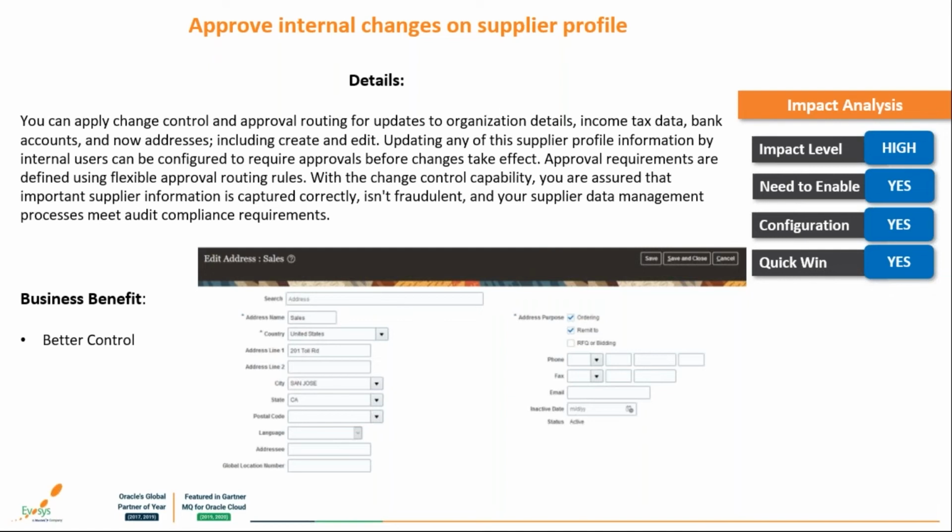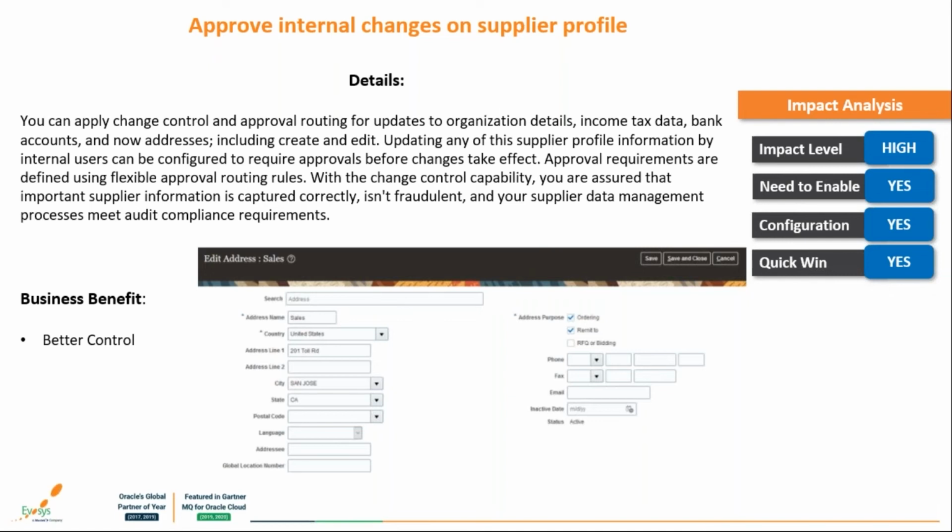For revisions to organization details, income tax data, bank accounts, and now addresses, you can use change control and approval routing as well as create and edit. Internal users can be required to obtain clearance before making changes to any of this supplier profile information.